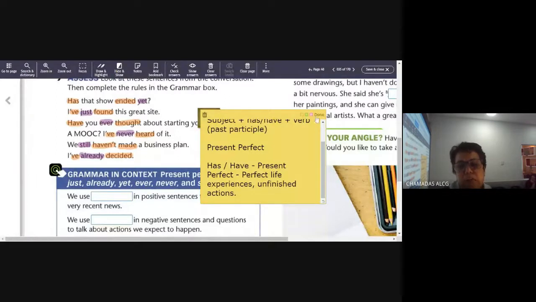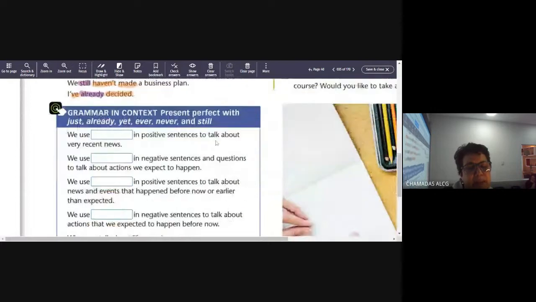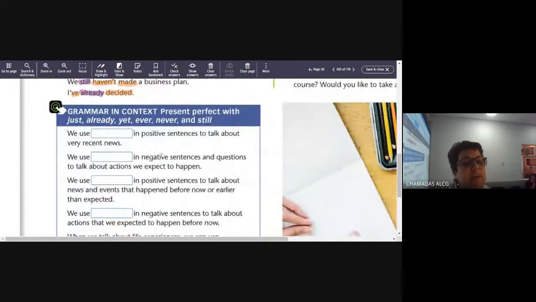Okay, so let's take a look here at the rules so we can understand when to use each of these words. So present perfect can be used with just, already, yet, ever, never, and even the word still.